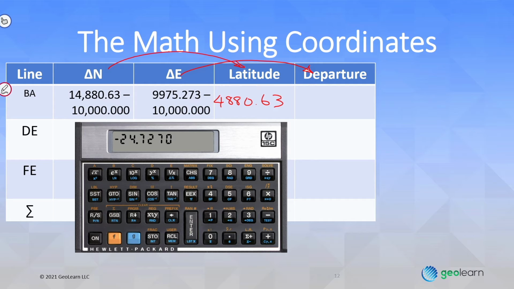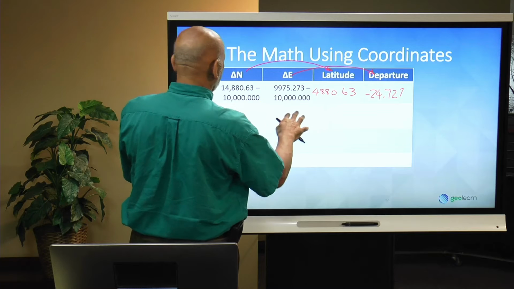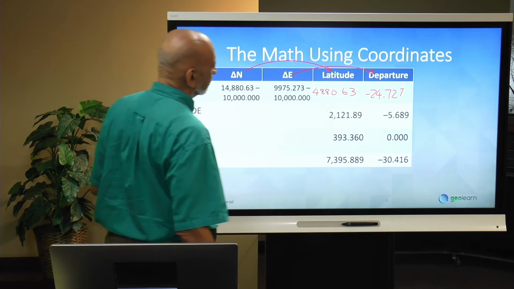And we get a negative 24.727. All right, now let me get rid of the calculator, because I'm hoping with this one example you understand the process. You would do the same thing with the other coordinates here to get these results.